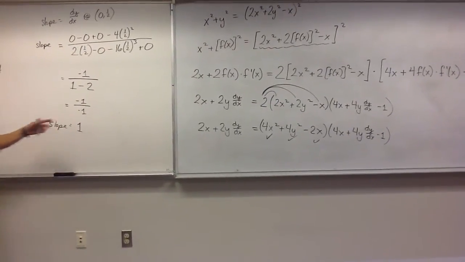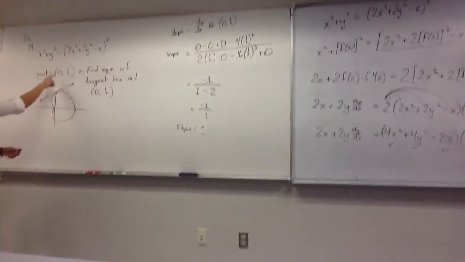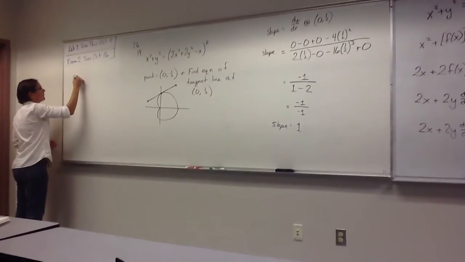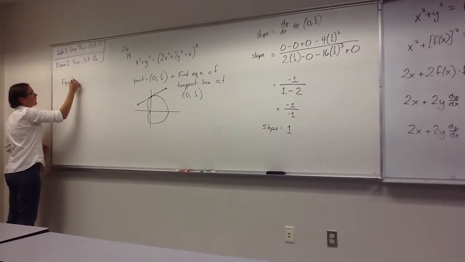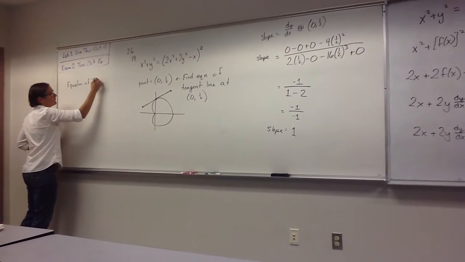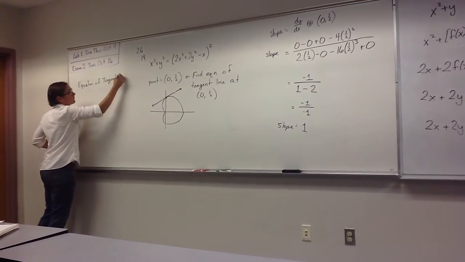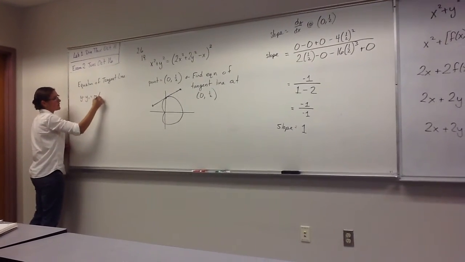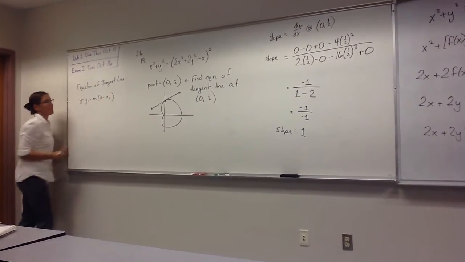All right, so to wrap up this problem, we've got our slope, we've got our point, and so for the equation of the tangent line, I can use y minus y1 is equal to slope times x minus x1.